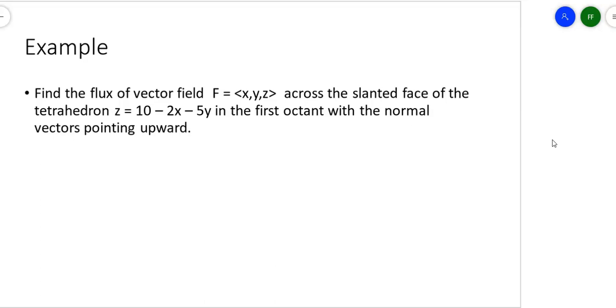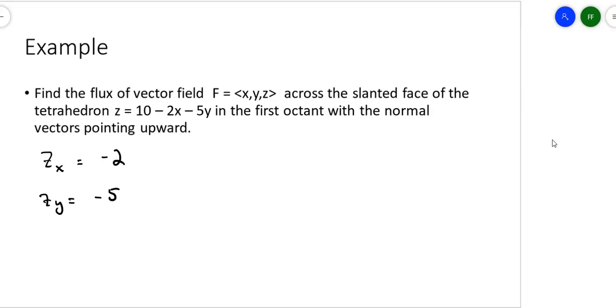The surface is z equals 10 minus 2x minus 5y. We're talking about the first octant with the normal vectors pointing upward. So it seems like for my formula, I need a partial derivative with respect to x. So the partial derivative with respect to x is negative 2. The partial derivative with respect to y is negative 5.